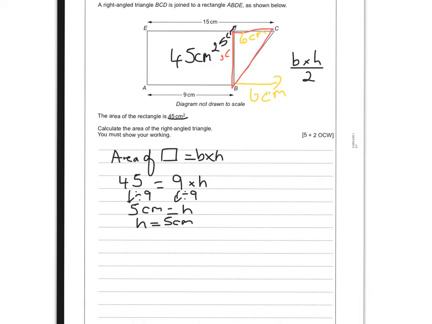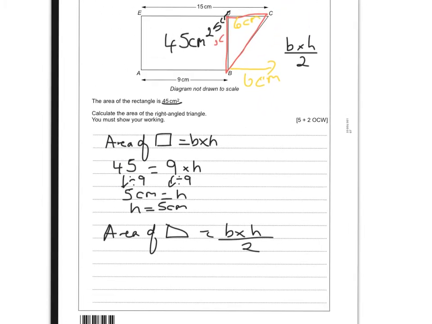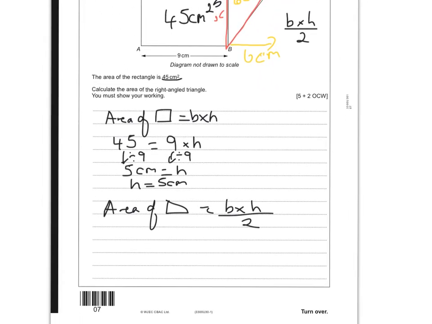So we can now say the area of the right angled triangle is going to be base times height divided by 2, the formula that we used earlier on. And I now know that the base is 6, the height is 5, I'm going to divide that by 2.